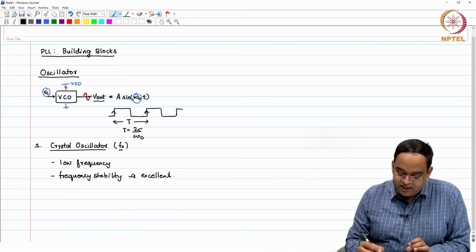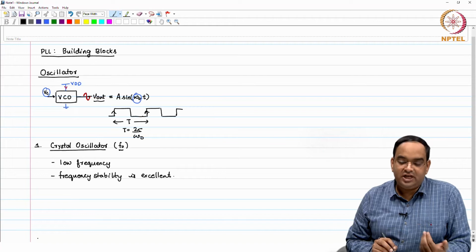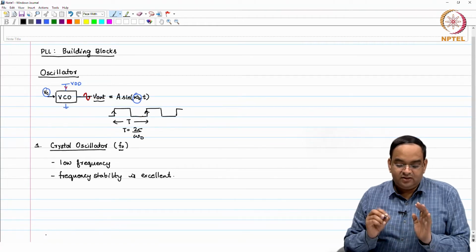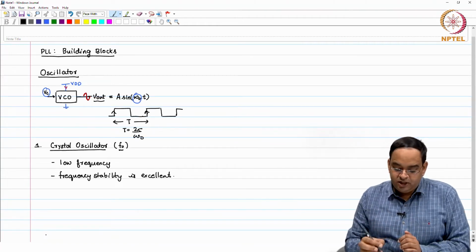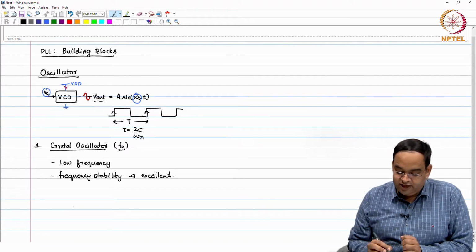So, for that variation in the frequency, we are not applying any force, any sinusoidal inputs to the system. This is the oscillator standalone, it has its frequency output at f naught, but f naught can vary.